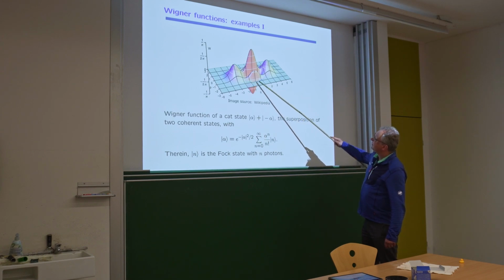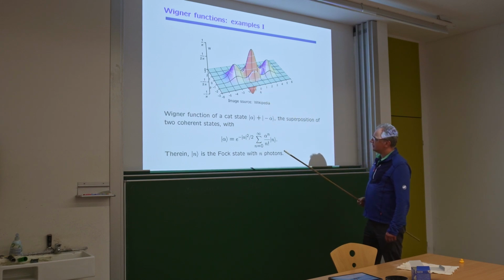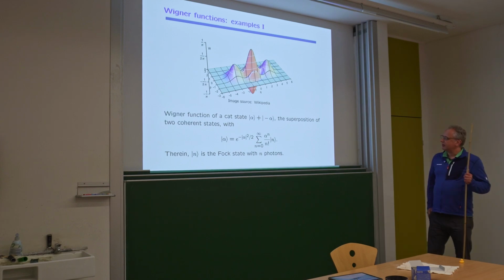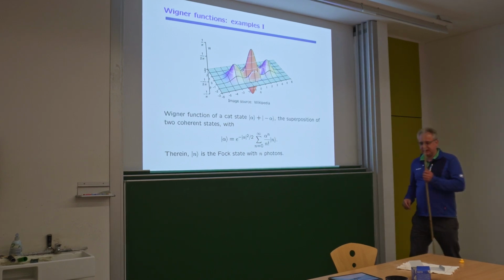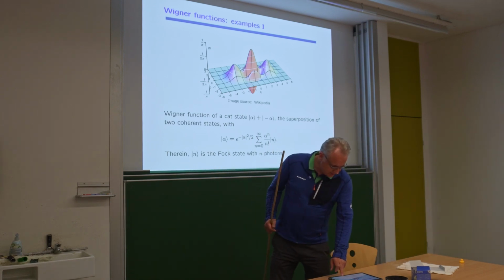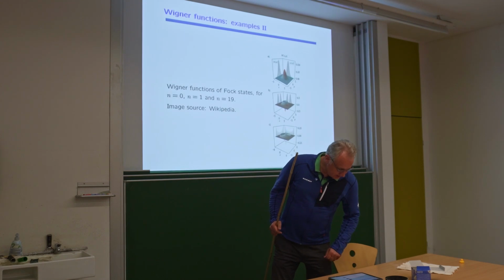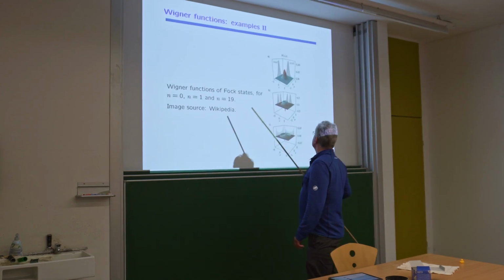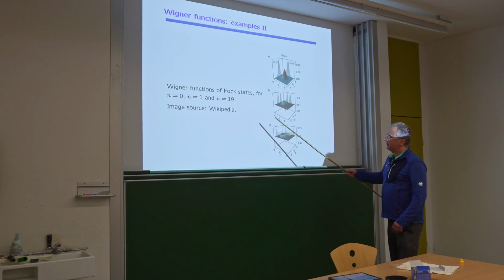So you see it go dipping below zero. And that is an indication of quantumness. Good. So that's just what Wigner functions look like in quantum optics. I should also say, these images are all from Wikipedia.